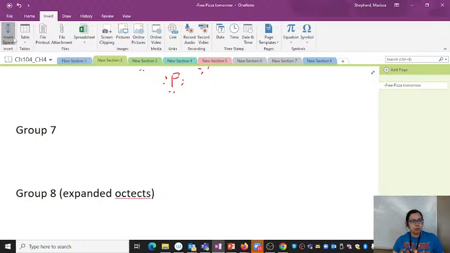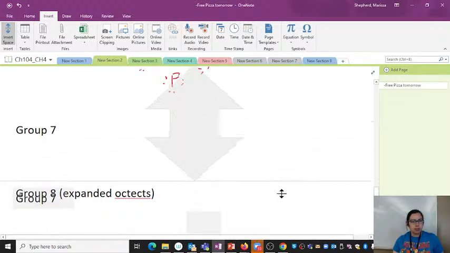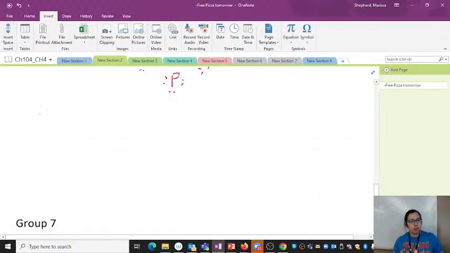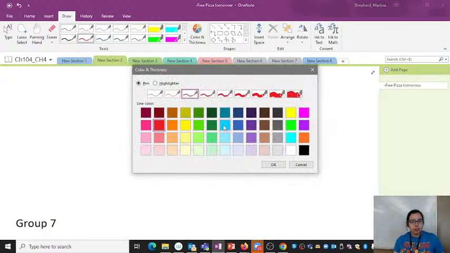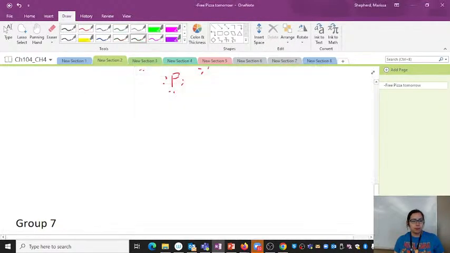Let's see if you could figure out what this structure might look like. If I give you SF4 now, what might that look like? Make sure you total up how many electrons you have.